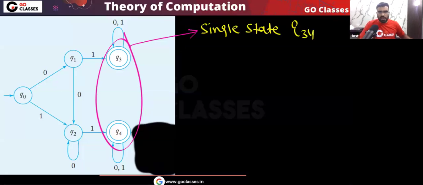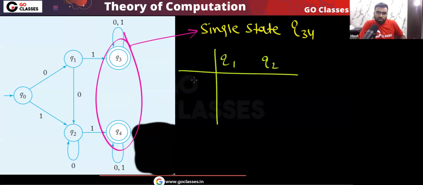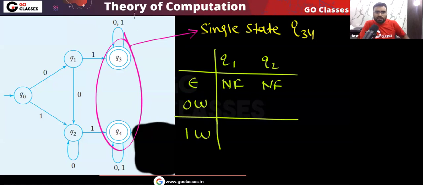Is this clear? Now you tell me, what about states Q1, Q2? See, very simple. On the empty string, both are going to non-final. If the string is starting with 0, where are they going? If the string is starting with 1, where are they going? Notice this Q1 and Q2.